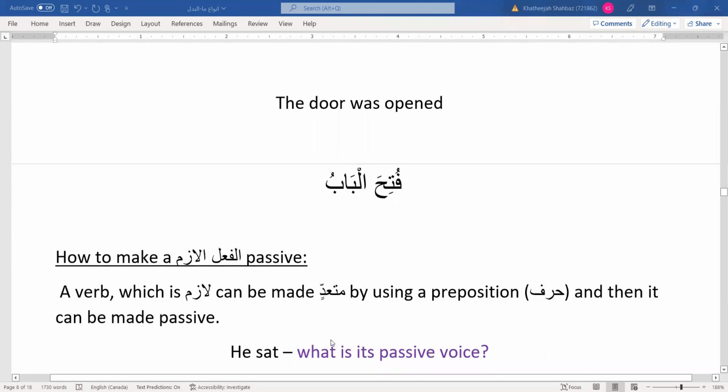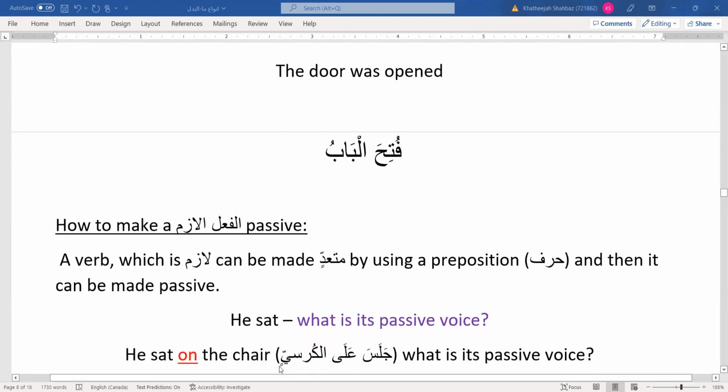For example, he sat. I'm using the same example again. He sat. Is there a passive voice for it? No, there is no passive voice for it. But how about I say, he sat on the chair, as Brother Hamid was saying.